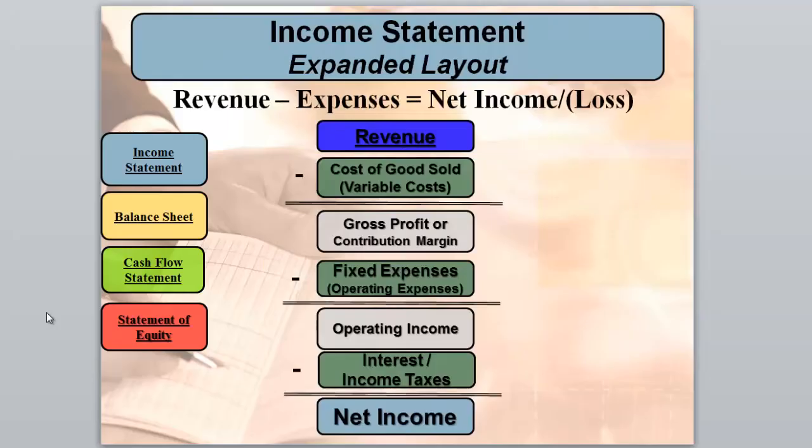Now, one other thing on the income statement. The income statement is what we call a temporary statement. What that means is it's over a period of time, and then it is usually reset to zero. So you have an income statement for, say, a month, or a quarter, or a year, and it measures the revenue and expenses for that time period, but then it's reset to zero.